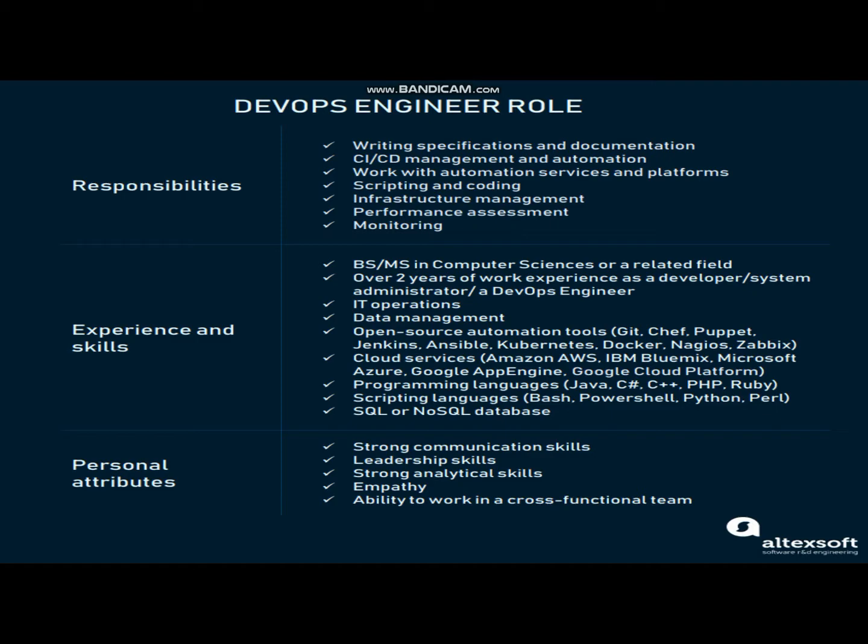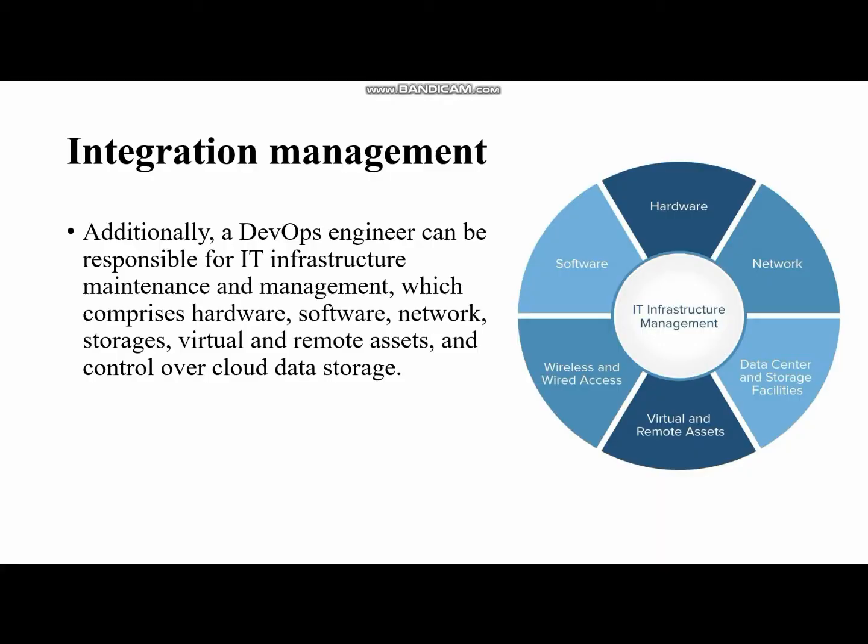The personal attributes: a DevOps engineer must be strong in communication skills, leadership skills, and so on. Additionally, a DevOps engineer can be responsible for IT infrastructure, maintenance and management of hardware, software, network, storage, virtual and remote assets, and control over cloud data storage.